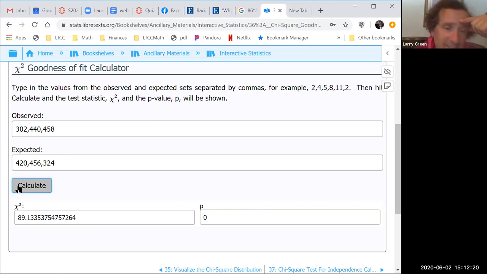And what do you see? What do you notice? Yeah, 0 for the p-value, and the test statistic is about 89.13.